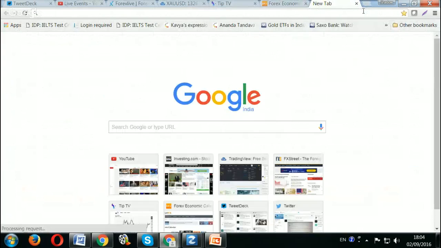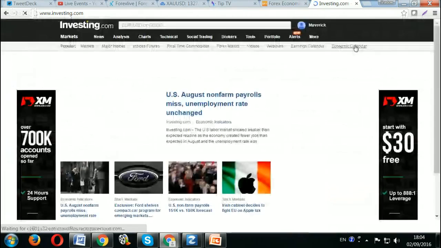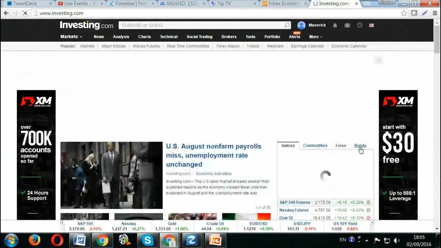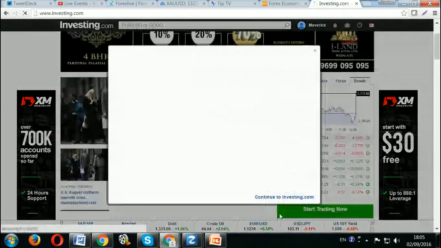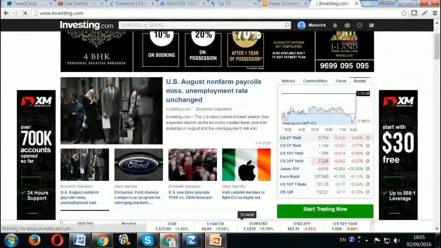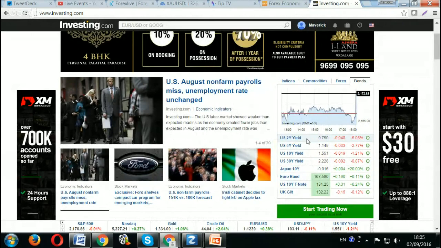We would definitely want to have a look at what the treasury yields are doing, because that would offer more clues regarding the price action in gold. The 2-year yield is down 3.6 basis points. 5-year yield is down 3.3 basis points. 10-year yield is down almost 2 basis points. 30-year yield is almost flat.